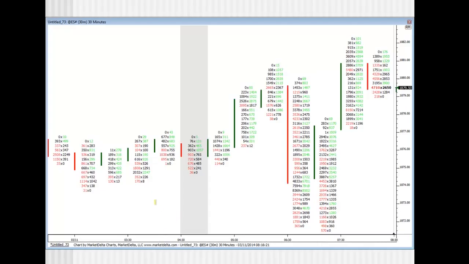Now, here's another way to display the very same data that we've been looking at. And we are able to do that again using the features on the window that we were just looking at. In this case, what we have again is all the transactions on the ask on the right hand side, and then all of the transactions at the bid on the left hand side.